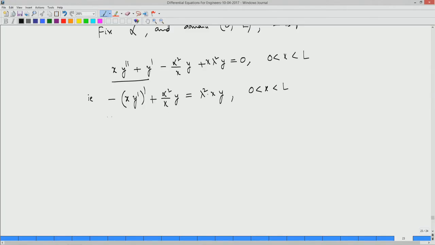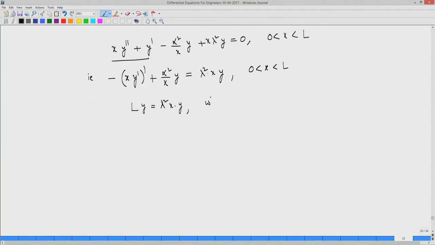What is this operator? This is in the form L y equal to lambda omega y, where lambda is already lambda square. The operator L is minus d dx of x d dx, plus alpha square by x inside the bracket.